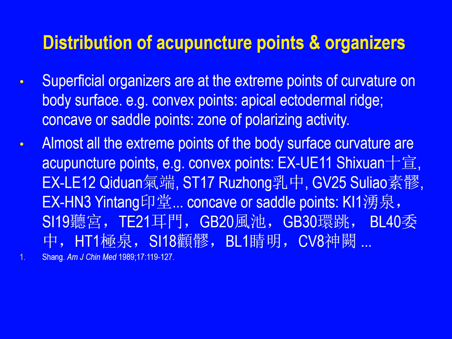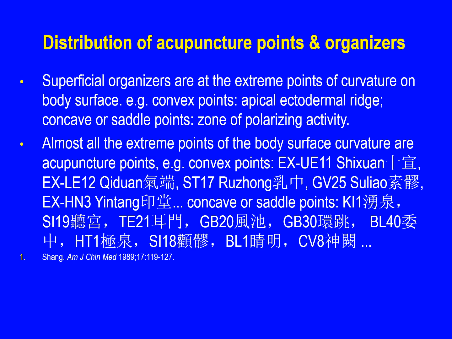Superficial organizers are at the extreme points of curvature of the body surface, such as convex points, or locally concave or saddle points, such as a zone of polarizing activity.